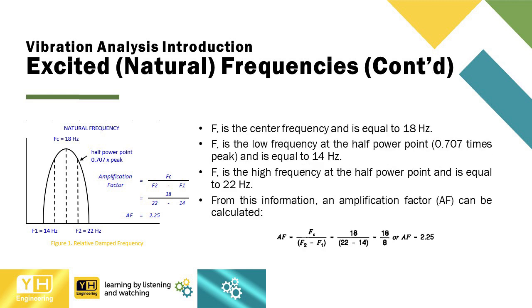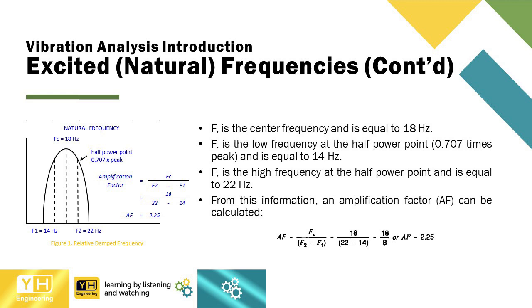Fc is the center frequency and is equal to 18 Hz. F1 is the low frequency at the half-power point, 0.707 times peak, and is equal to 14 Hz. F2 is the high frequency at the half-power point and is equal to 22 Hz.